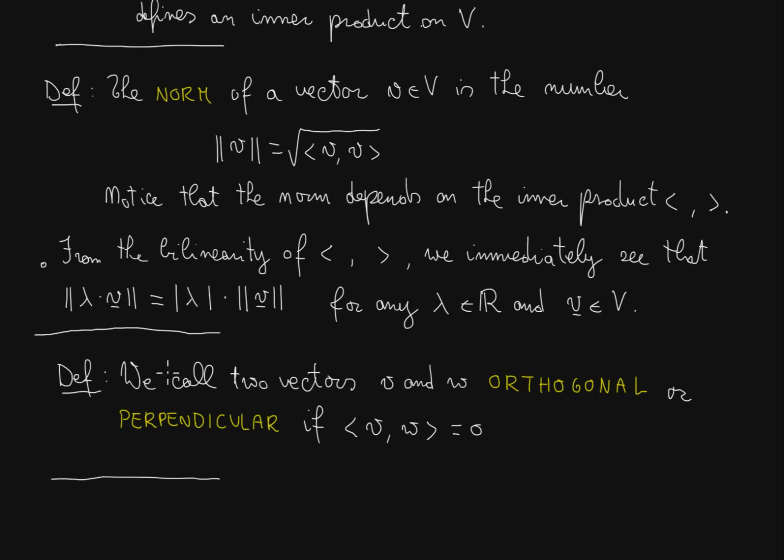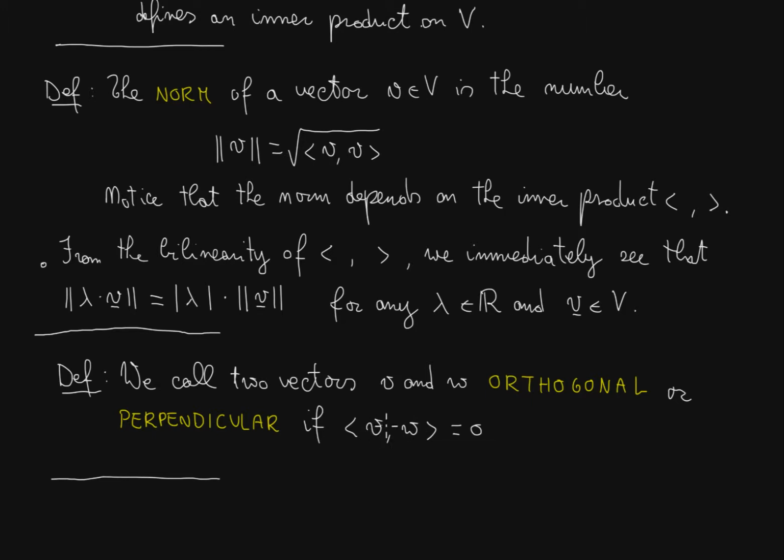Next definition: we call two vectors v and w orthogonal or perpendicular if the inner product of one with the other is 0. And again, the concept of orthogonality depends on the inner product. We have a native one, in the case of v and w being vectors of R2, for example.